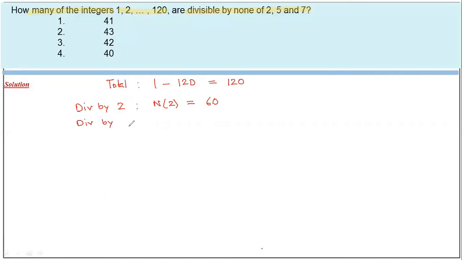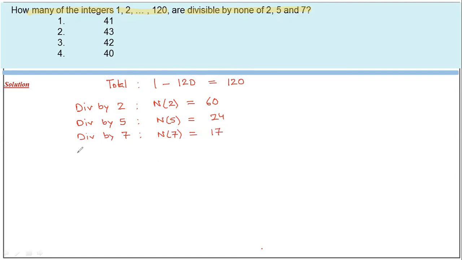Divisible by 5, such numbers would be 24. Divisible by 7, such numbers would be 17.